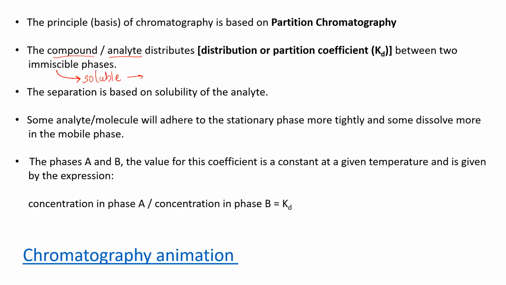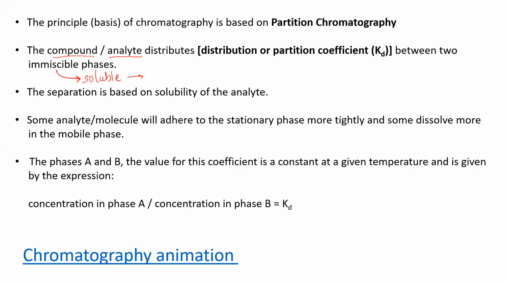Miscibility is when two liquids come together, whether they are soluble or not. For example, water and oil are immiscible, and water and milk are miscible. They can mix into each other very well and become homogeneous, whereas oil and water cannot become homogeneous, so we call them immiscible phases.